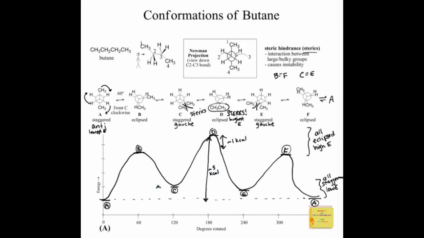And likewise, the difference between the gauche and the anti is somewhere around 1 kcal. So not a huge difference between the staggered energies or between the eclipsed energies, but between the staggered and eclipsed, that's where you want to see the biggest jump when you're trying to do these sorts of energy diagrams for conformations.